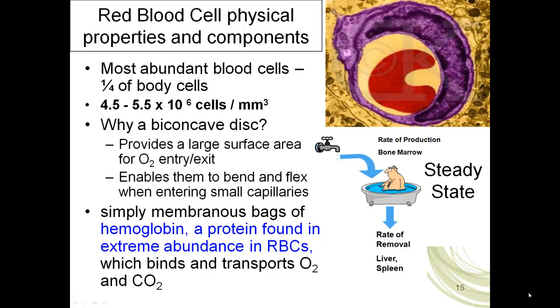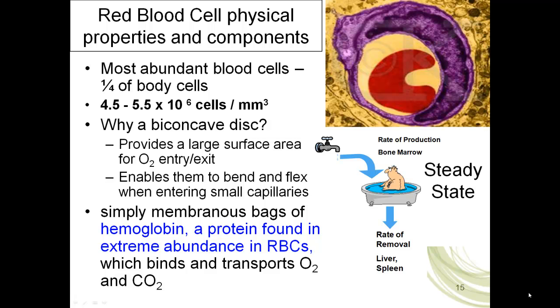If I were to take a drop of your blood, and for me a drop of your blood is about the size of a period at the end of a sentence in a textbook. Well, if you could turn that little black dot into a sphere, that would roughly be the volume that a microliter would fill.